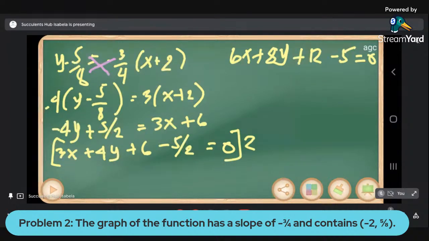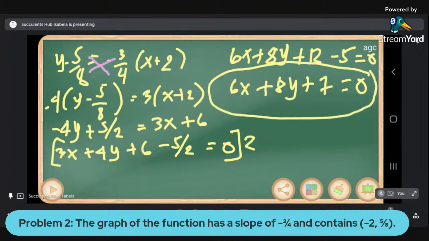So this will be 6x plus 8y plus 7 is equal to 0. That will be the equation of the line.